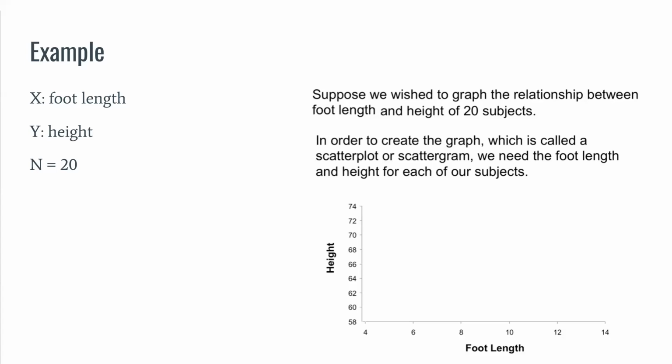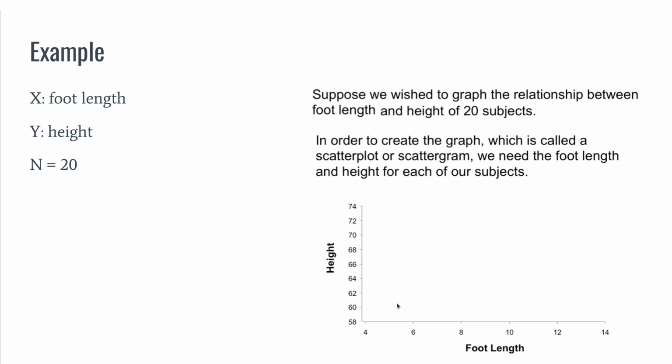In order to create the graph, which is called a scatter plot or scattergram, what you do is you put a dot for a subject with matching height and foot length.